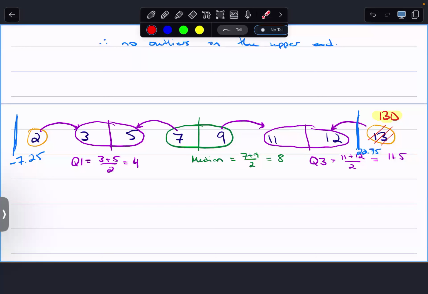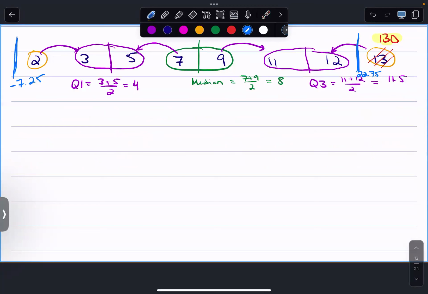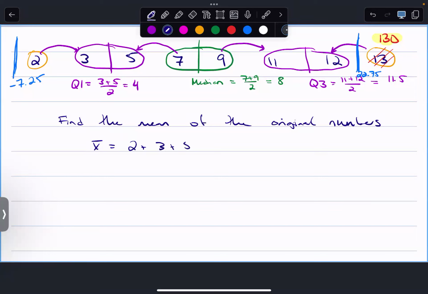If we think about the mean of the original numbers when it was 13, right? So let's find the mean of the original numbers. x bar is going to be 2 plus 3 plus 5 plus 7 plus 9 plus 11 plus 12 plus 13 divided by 1, 2, 3, 4, 5, 6, 7, 8.